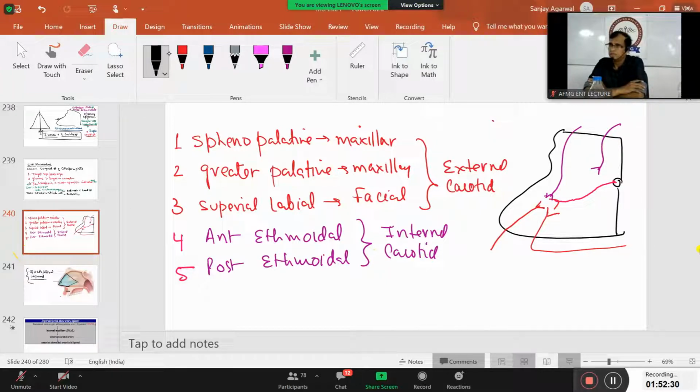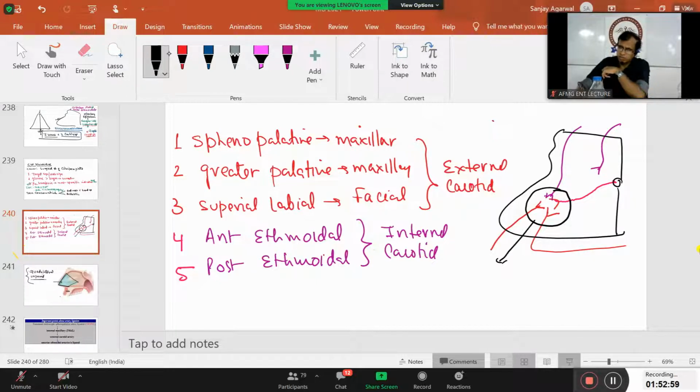Very, very important, and they are not difficult names to remember. Many of us know this already because they are such a common thing. But what is even more important is that out of these 5 arteries, the upper one being the posterior ethmoidal, the rest of the 4 arteries come here together and join with each other to form a plexus.